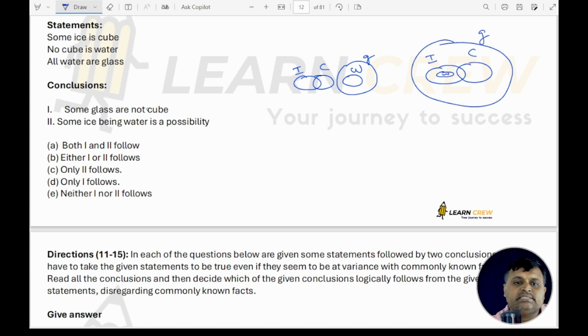So some glass are not cube. Some glass are not cube is correct. Some ice being water is a possibility. So here both 1 and 2 follow. So what is the answer? Option A.